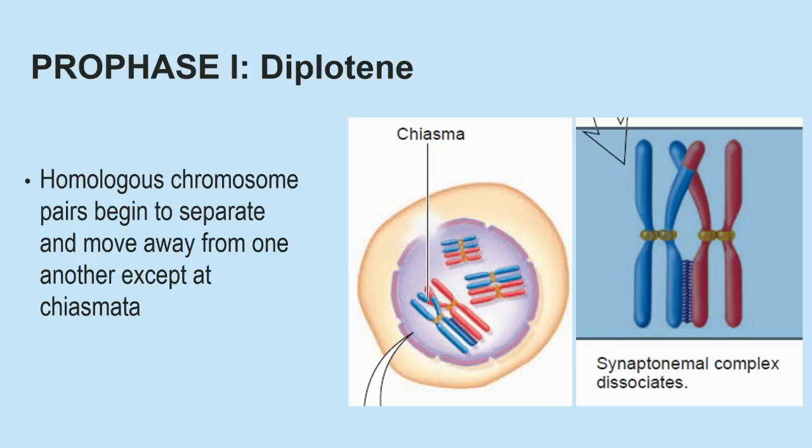Ano po bang meron kay diplotin natin? So paired chromosomes start to separate slightly but remain connected at the chiasmata. Ayan po dyan part, where crossing over occurred.